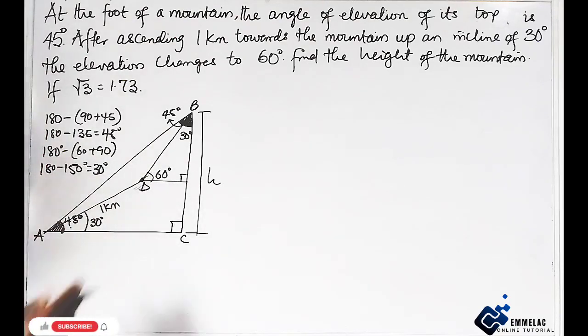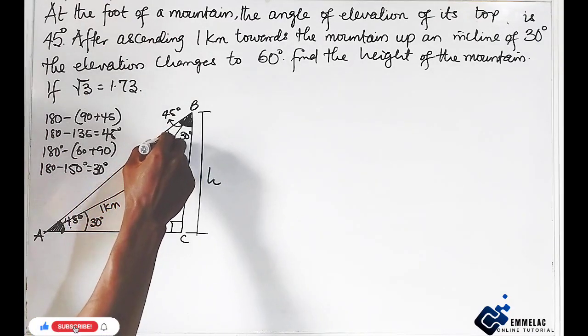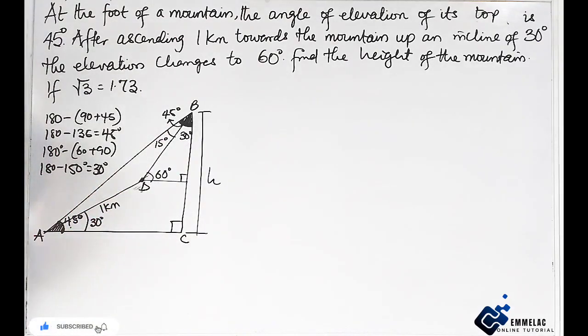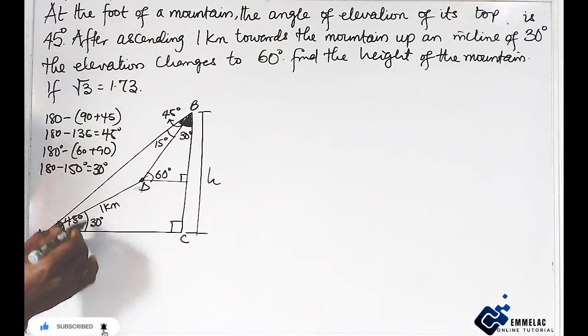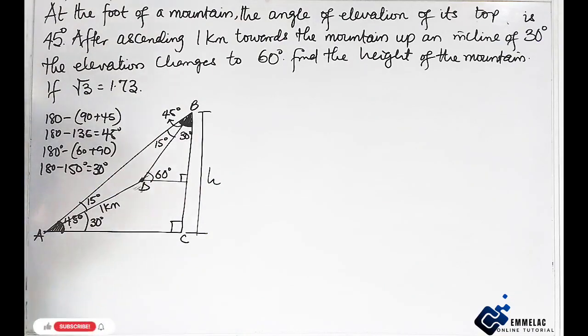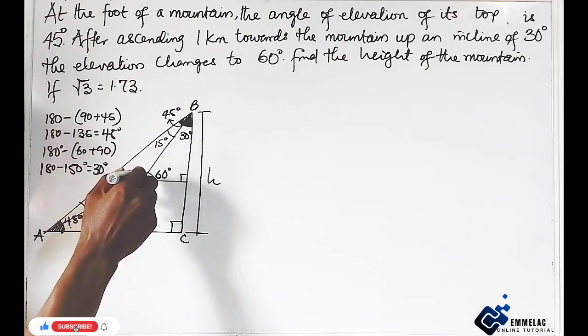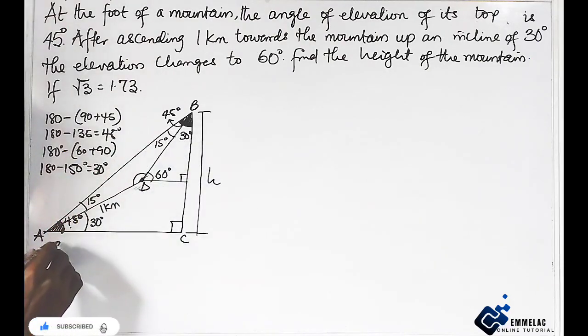Okay, and if here is 30, automatically here will be 15. And if the whole of here is 45 and here is 30, so the whole of here is 15 degrees.